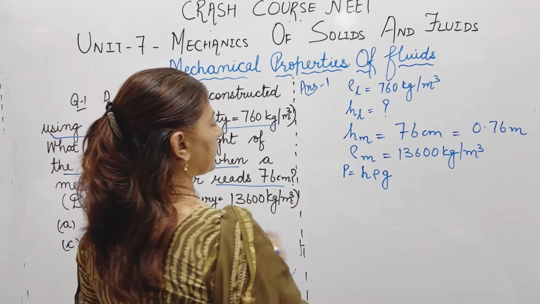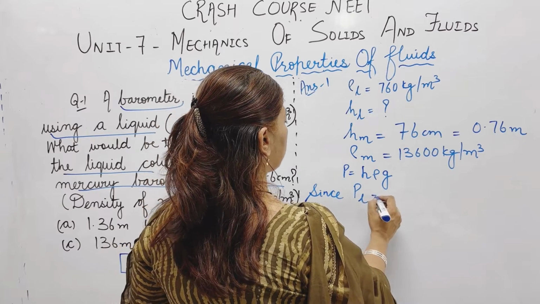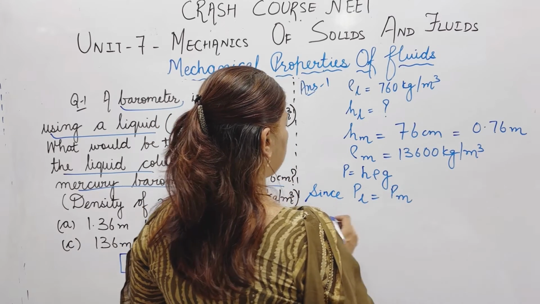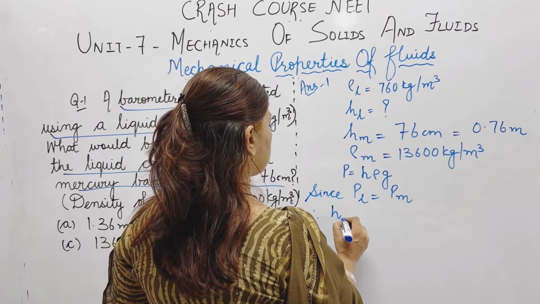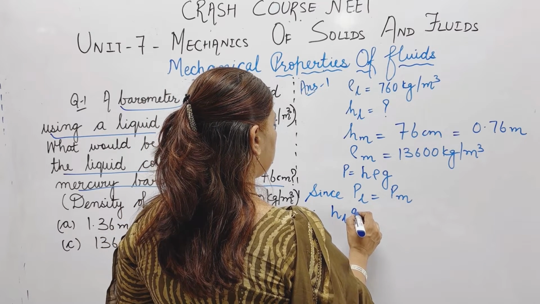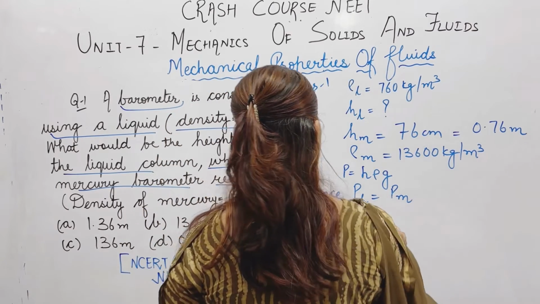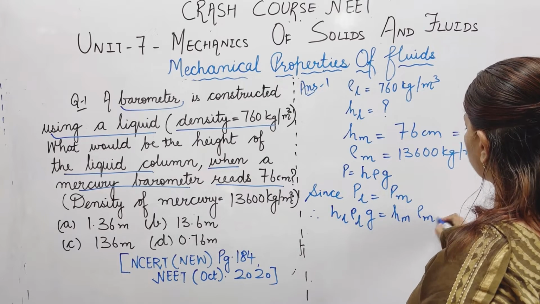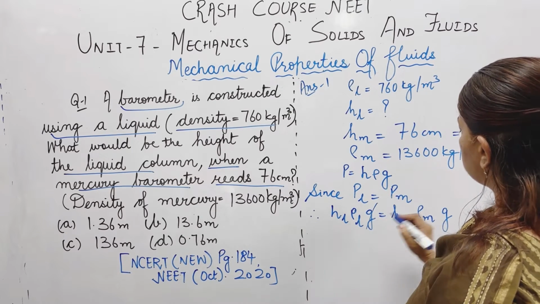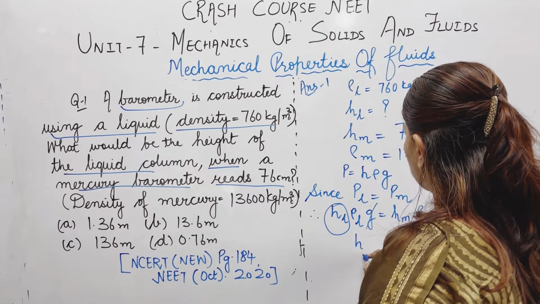Since the pressure of the liquid is equal to the pressure of mercury, therefore h_L rho_L g is equal to height of mercury, density of mercury, g. g cancels out on both sides. We need to calculate h, the height of the liquid.